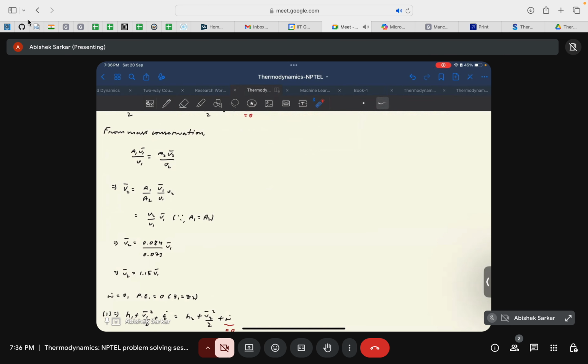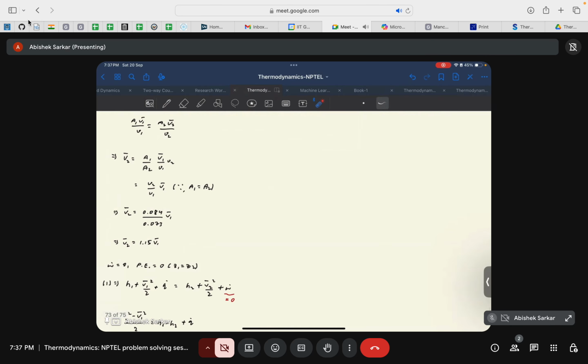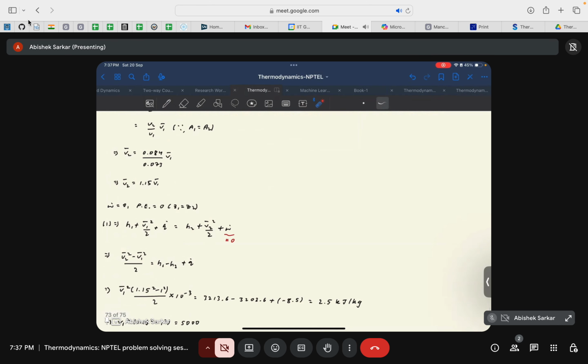From this equation we have V2 equal to A1 by A2 times velocity V1 divided by specific volume v1 times specific volume v2. Since A1 is equal to A2, velocity V2 is 0.084 divided by 0.073, these are the specific volumes, times V1, or V2 is equal to 1.15 times the inlet velocity V1.